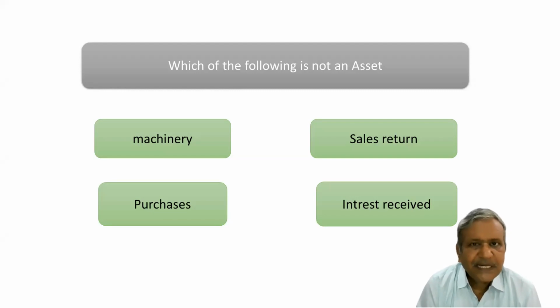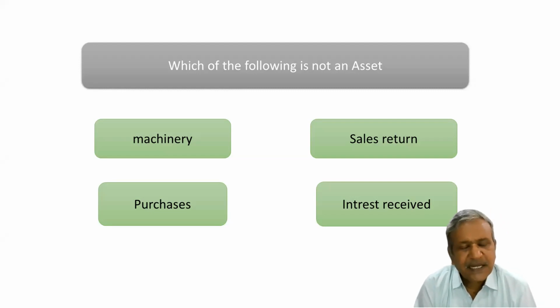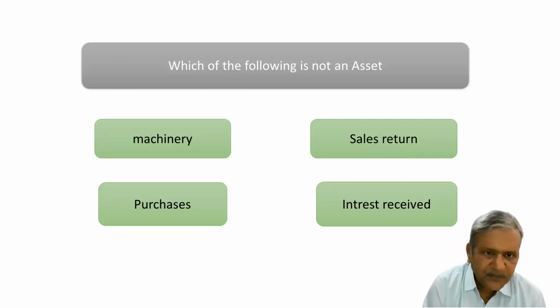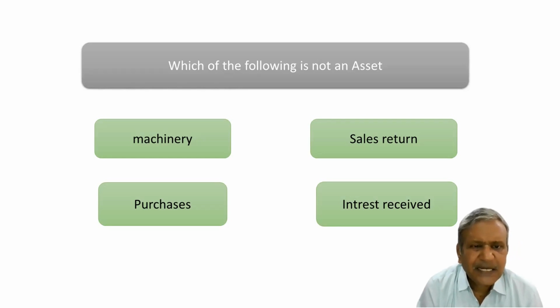You see one thing, machinery is an asset. Purchases, whatever remains of them, we call closing stock, and it is also an asset.